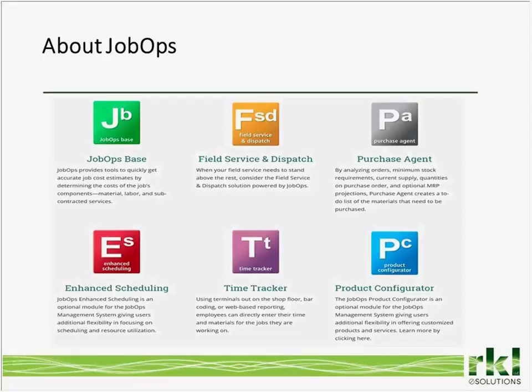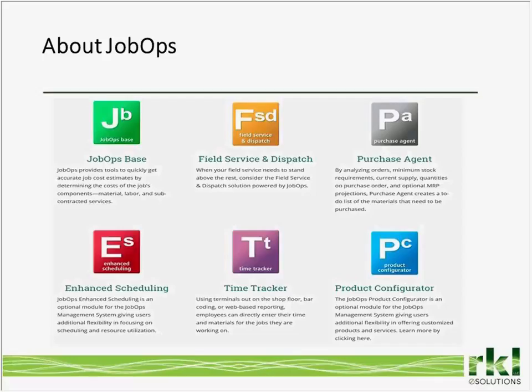A second question that was submitted during the demo is, how is JobOps licensed? I went back to this slide on purpose because JobOps is licensed by modules and by users.